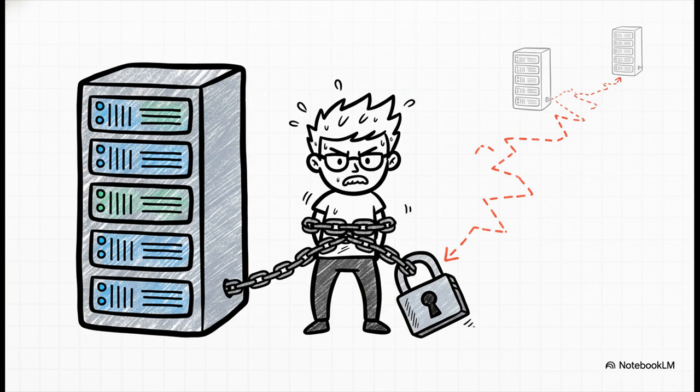Vendor lock-in. Basically, once you build your entire system on a platform like AWS or Azure or Google Cloud, it becomes incredibly difficult, almost impossible, to ever leave. You're trapped. And while that's a massive headache for the business, it creates a whole different kind of chaos for the people actually building the software.